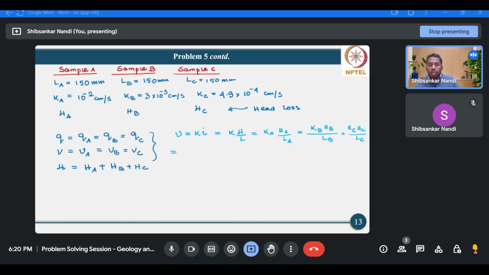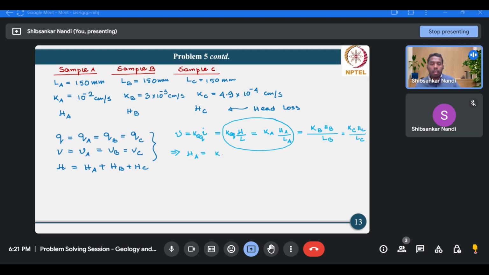Now you can represent this head loss HA, HB, and HC. For K, you can write it as K equivalent. So what is HA?